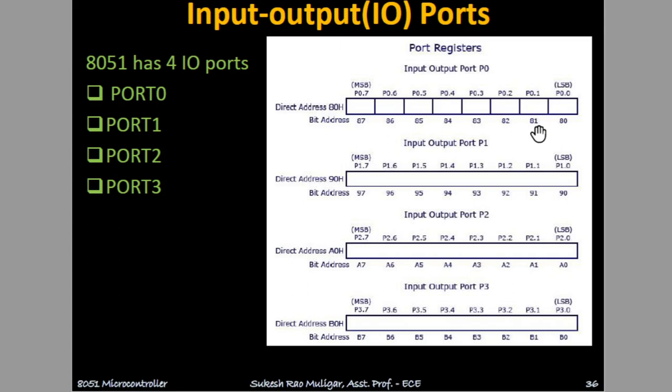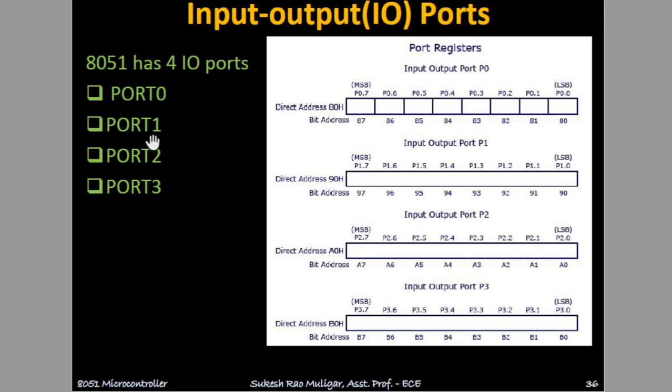Then you can do whatever bit manipulation on the second bit of port 0. Similarly, the third bit is 82, the fourth bit is 83, the last bit is 87. So that is the byte and bit addressing of port 0.